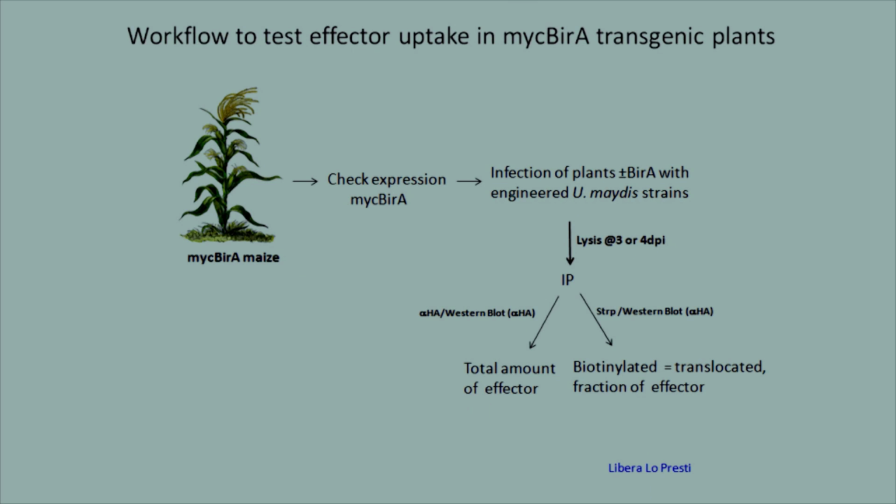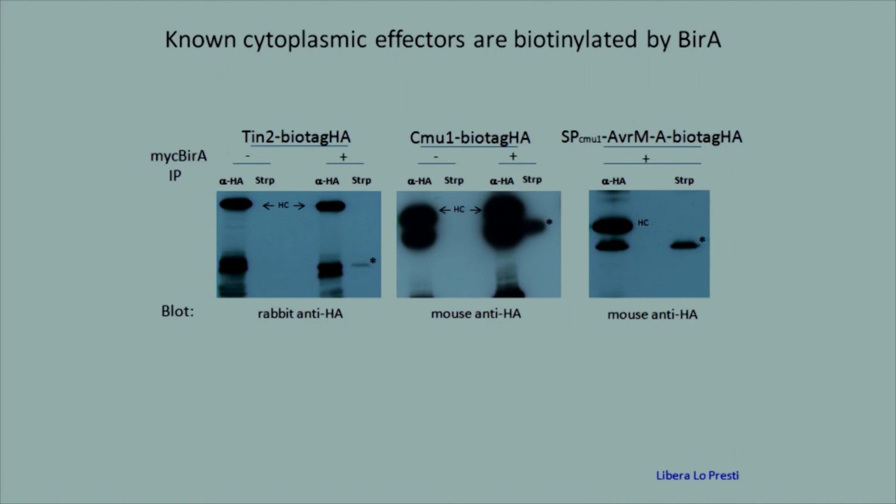I don't think I have to run you through it, but we basically do an IP and split up the IP so that on the one hand we verify that the effector is actually made and its quantity, and then we do an enrichment for the biotagged protein. And it's working. We always have plants that express the biotin ligase, and we have plants that do not express it.